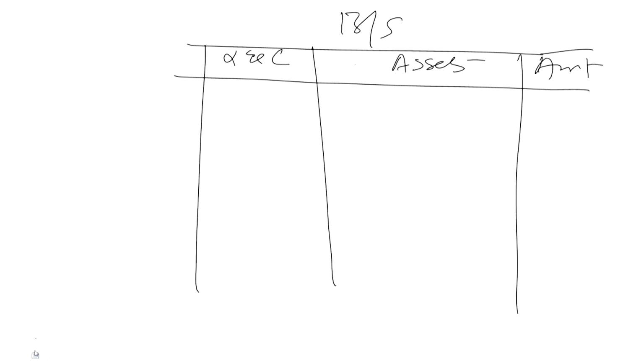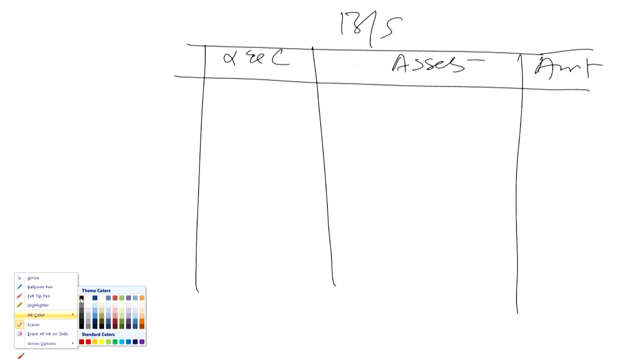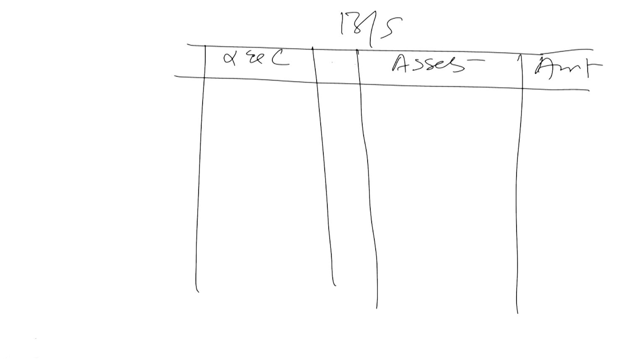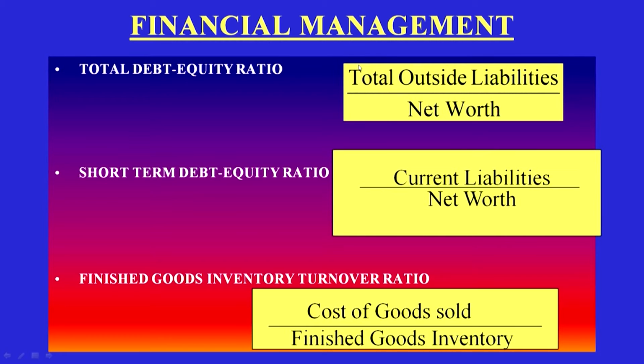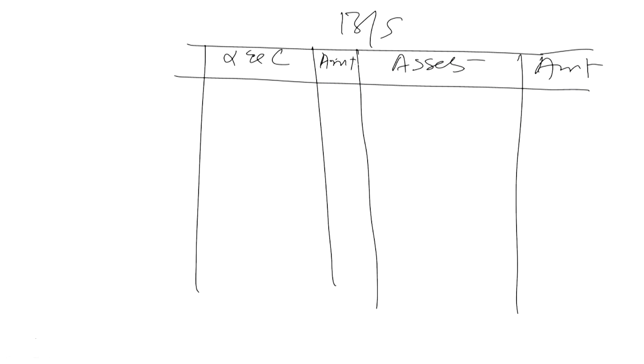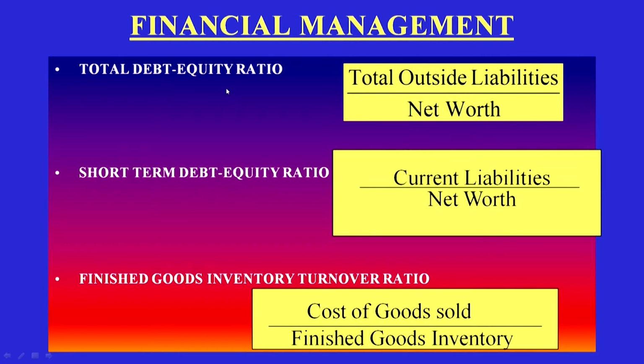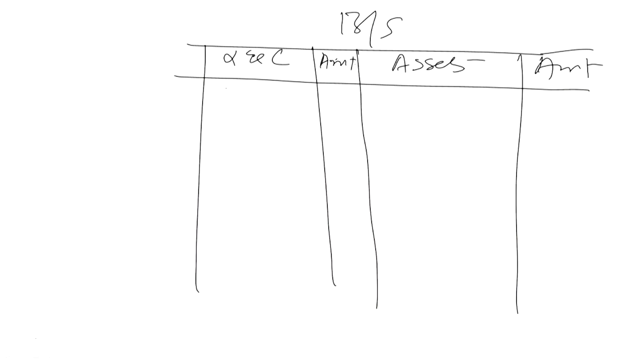So, the ratio is the total debt to equity ratio. It means we are only talking about the liabilities and capital side of the balance sheet, right. The ratio is total outside liabilities to net worth.